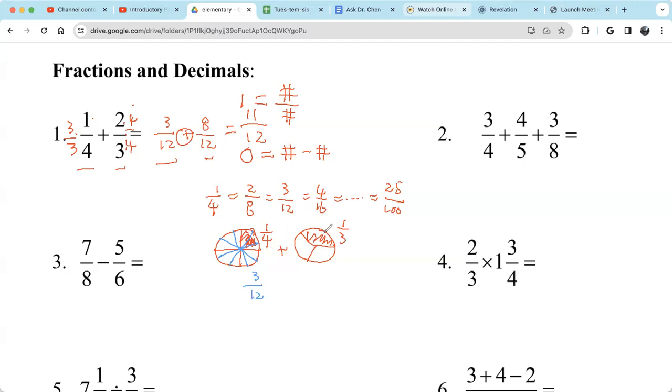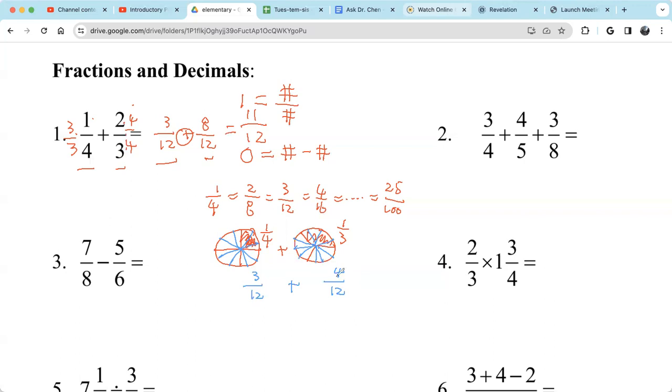Same thing for this one: I need to cut each 1/3 into 12 slices. So this 1/3 is 4 out of 12. Now I can add them. Before, I wouldn't be able to add 1/4 and 1/3 directly, but now I can because they are divided into the same slices.